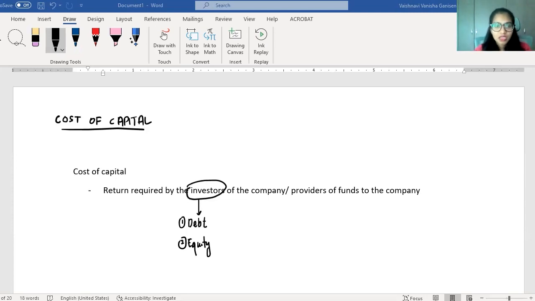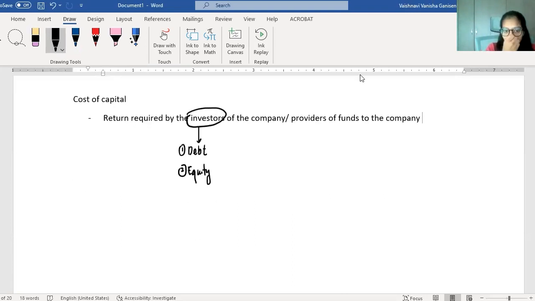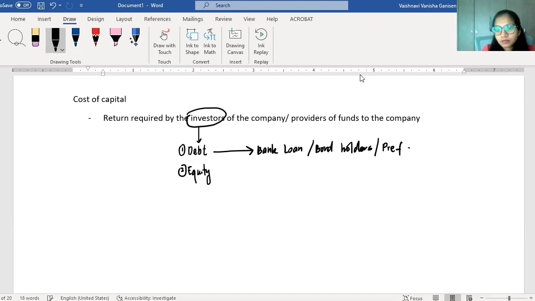Okay, so to add on to this, your debt providers are normally the bank loan, your bondholders, and preference shares.